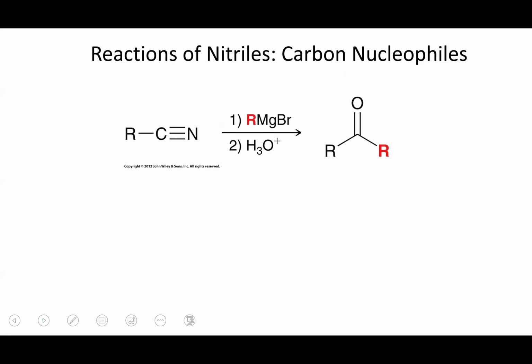So the other reaction we're going to look at for nitriles is the reaction with Grignard. And here there's a little bit of difference. Most of the other ones we looked at, the reaction of the ester with a Grignard, the reaction of an anhydride with a Grignard, and the reaction of an acid chloride with a Grignard, the Grignard adds twice to give you a tertiary alcohol.